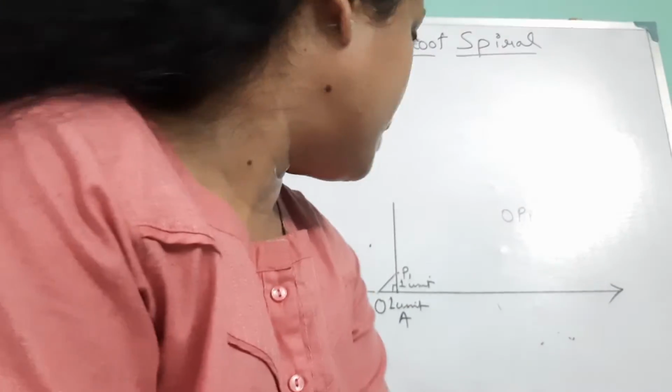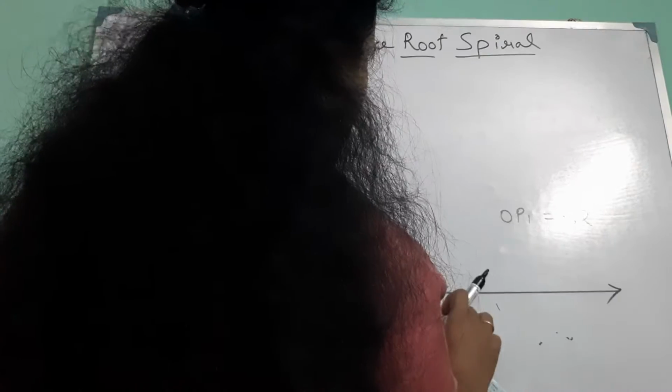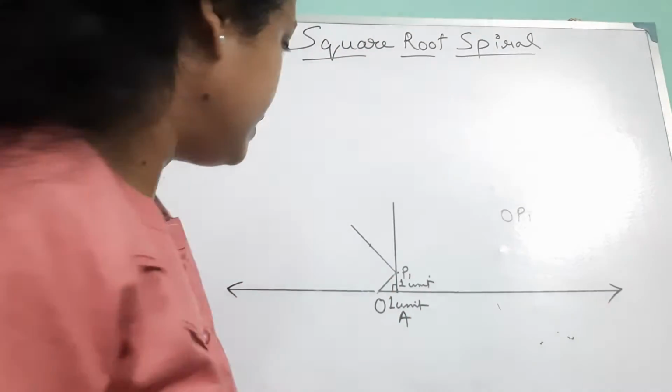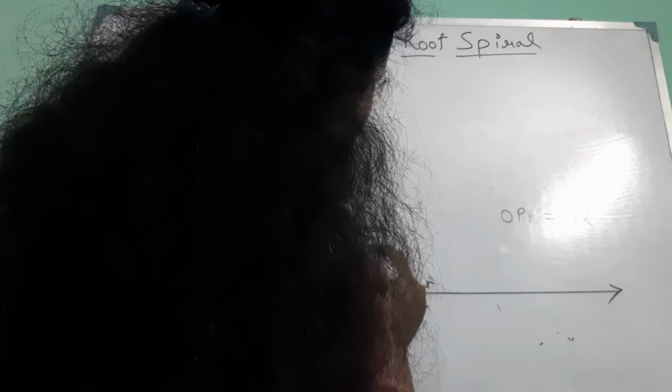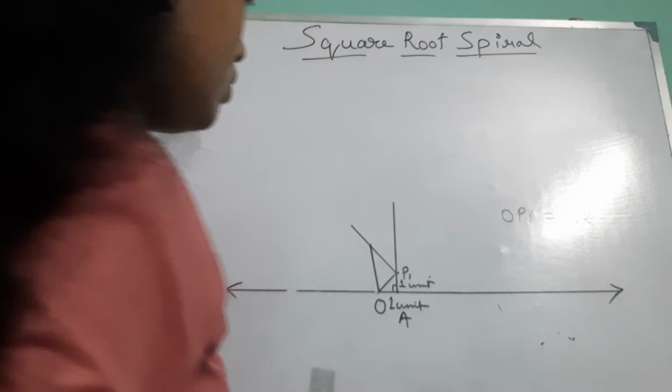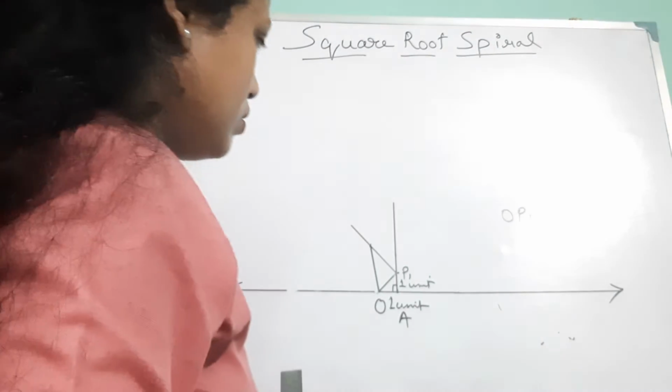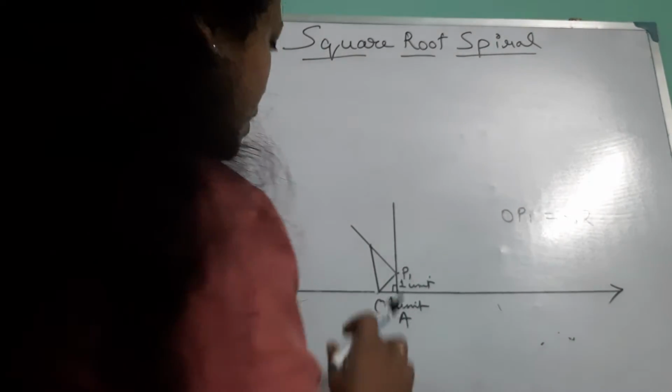Now with the help of a scale join these two points, then join this point with O.